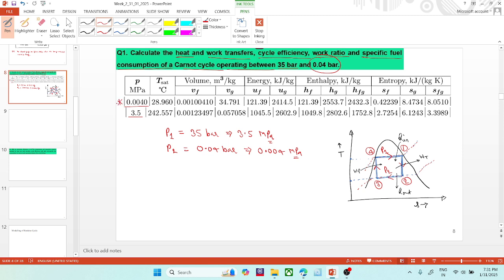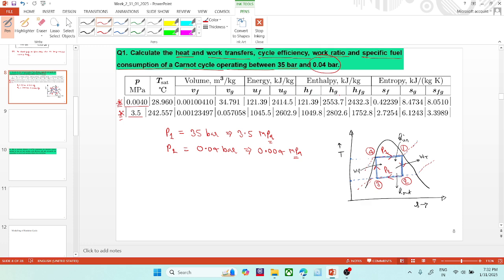Okay, so this row is representing the values for the pressure P2, which is 0.004 bar, and this row representing the values for the 3.5 bar. Here the first column is the saturated temperature, the second one is the specific volume at the saturated liquid line. Vg is the specific volume at the saturated vapor line. Uf is the internal energy for the liquid, and Ug is the internal energy for the gas.